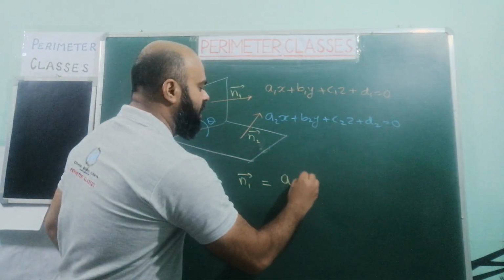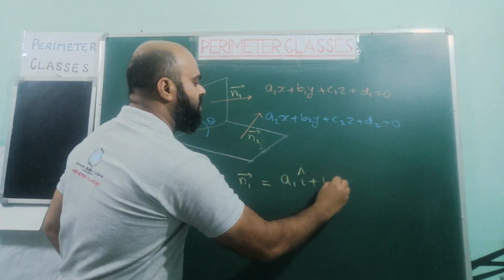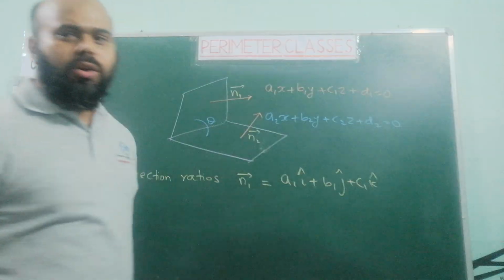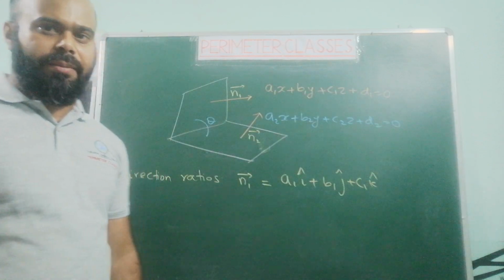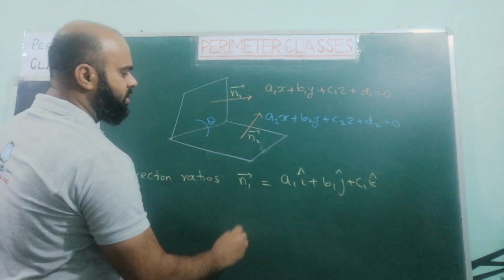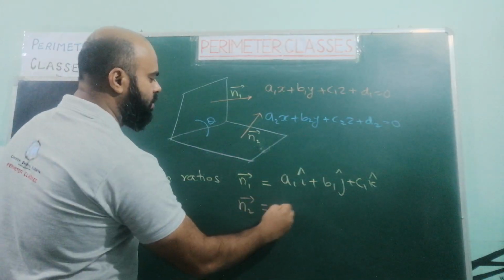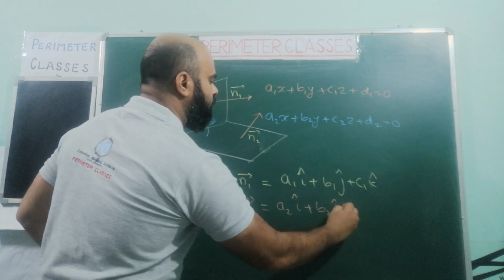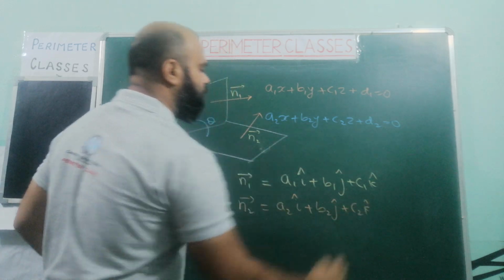So a1 i cap plus b1 j cap plus c1 k cap is a normal vector to the first plane. The normal vector to the second plane will be a2 i cap plus b2 j cap plus c2 k cap.